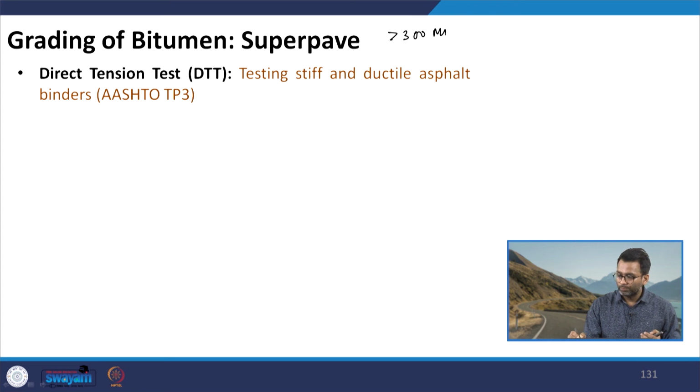Therefore, an alternate method, the direct tension test, was developed to assess these stiff binders which are ductile in nature even at very low temperatures, even when the stiffness of the bitumen is greater than 300 MPa. For these binders, the direct tension test was developed.